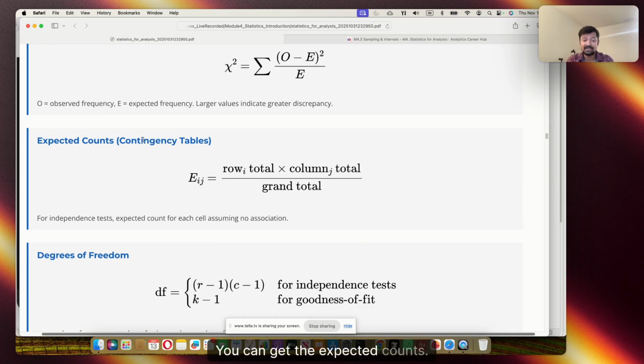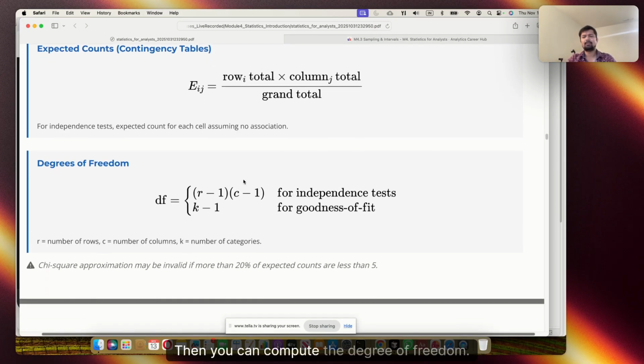You can get the expected counts also. The expected counts come from the independence test. Expected count is the total of row i times the total of column j, divided by the grand total. By using this calculation you can get the expected count of the contingency table for all the instances you have. Then you can compute the degrees of freedom.